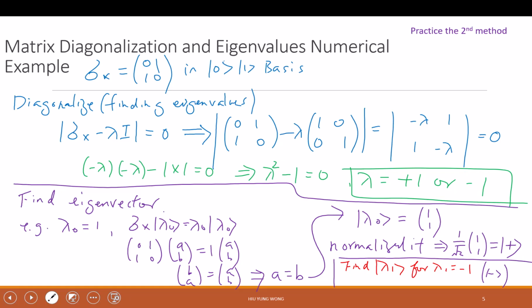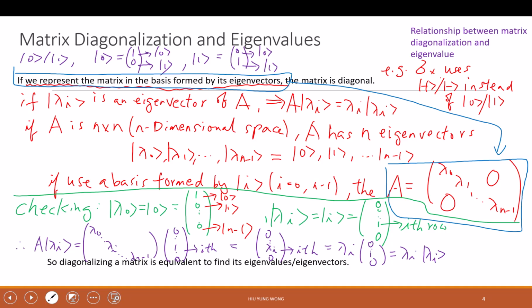Does diagonalization need to be on orthonormal basis? Normal matrices, yes. There's a definition of normal matrices, that A dagger A equals A A dagger.